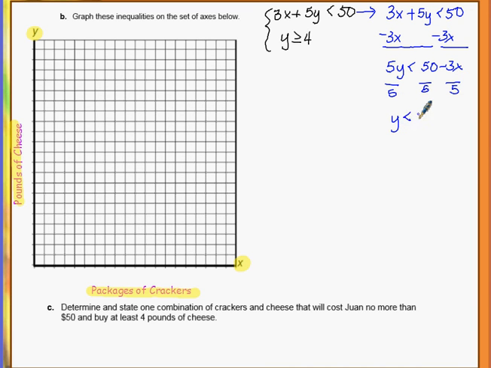I now see y is less than 10 minus, and then I keep it in fraction form, 3/5 x. It's okay to keep it in fraction form because it represents my slope, as I notice when I rewrite it. I now see my slope is negative 3 over 5, down 3 over 5, and my y-intercept would be (0, 10).